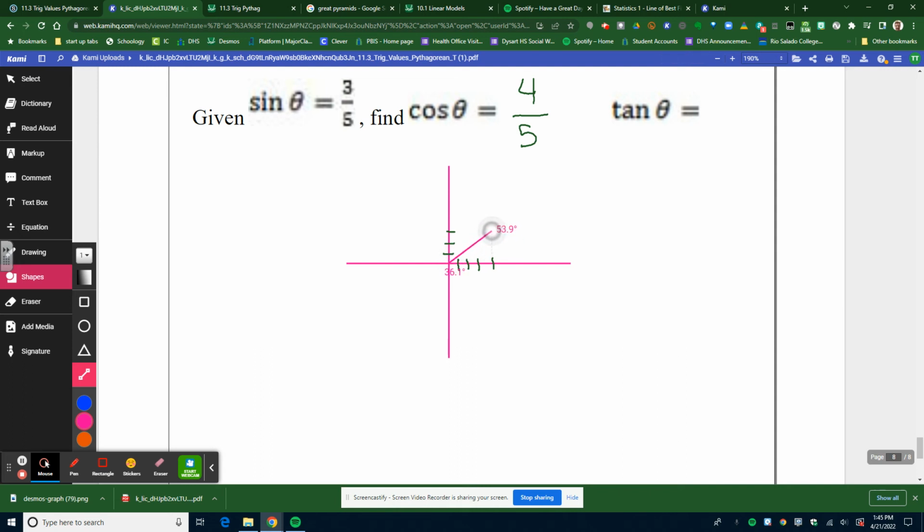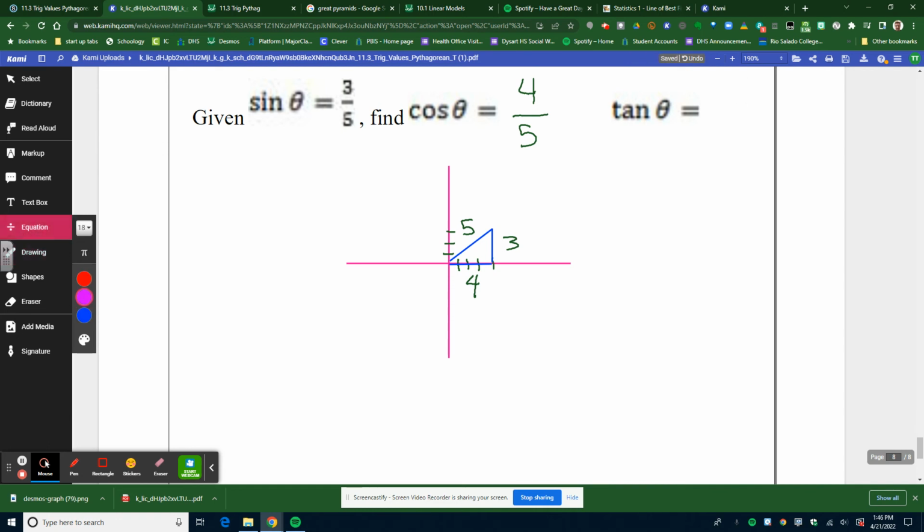Don't hold the shift key down this time. That's not such a good one. Let's pick a different color. That's so much better. Nice and contrasty. So what's tangent going to be if this is 3 and this is 4 and this is 5? Okay, 3/4, right?